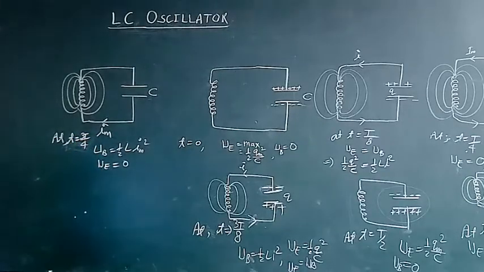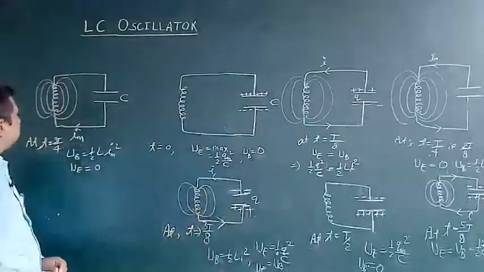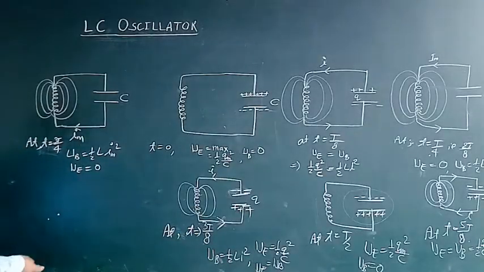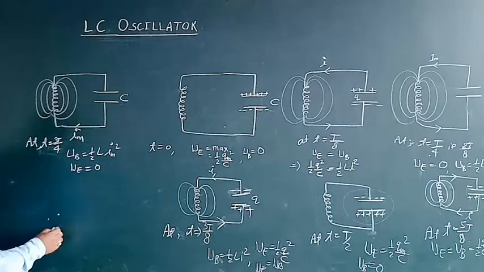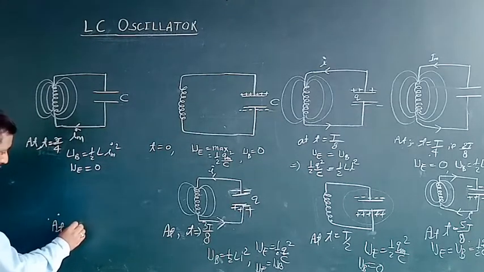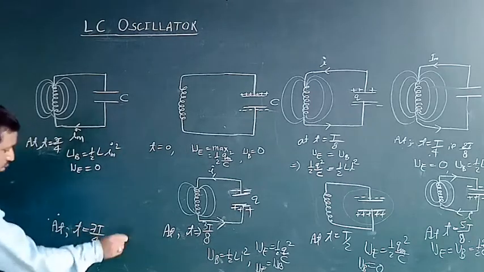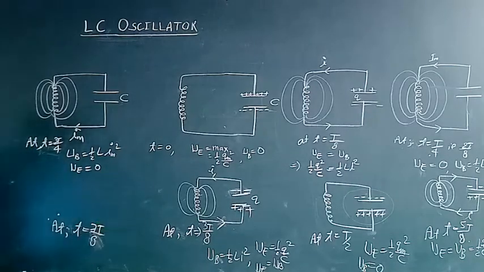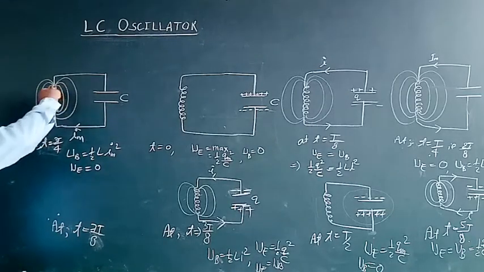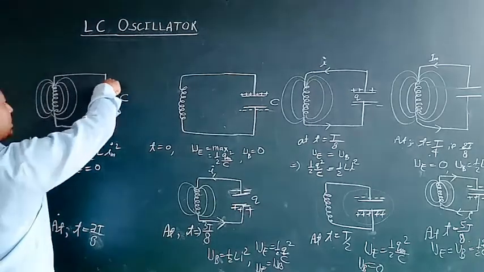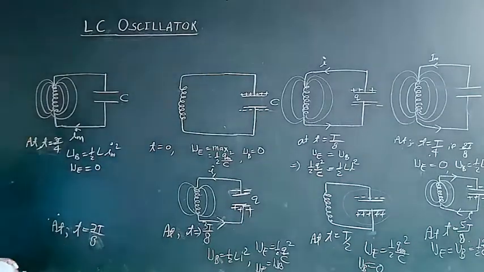Okay, so now again if we plot the LC circuit at t equal to 7T by 8, at that condition the energy stored in the inductor will leak down through the capacitor, and the capacitor will start charging.